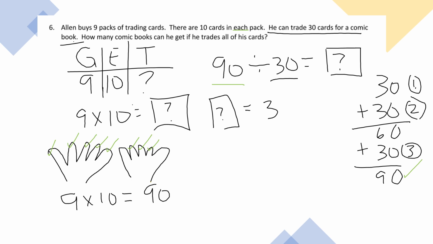So my unknown is 3, which means that if he trades all 90 of his cards in, he can get 3 comic books for 90 cards.